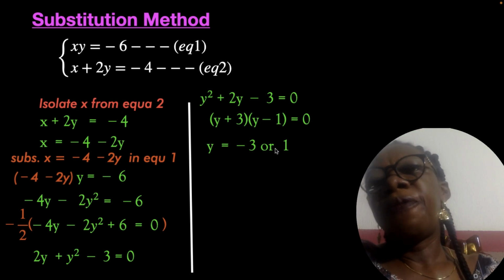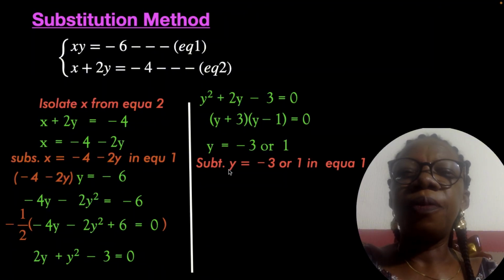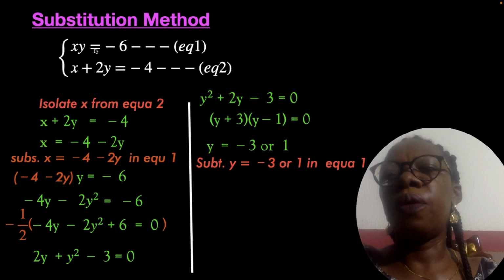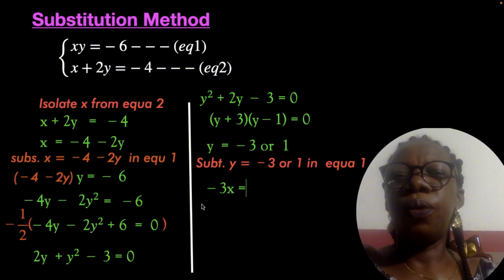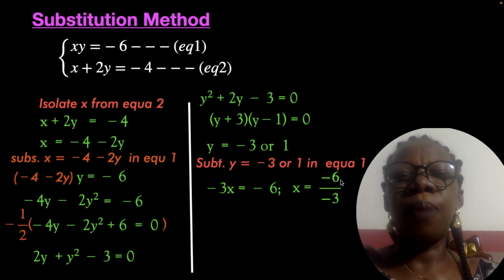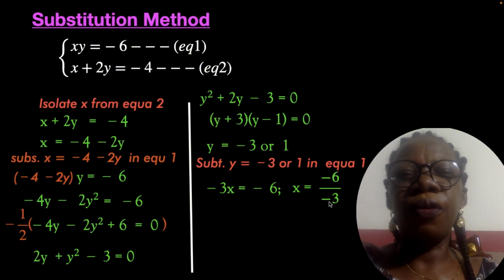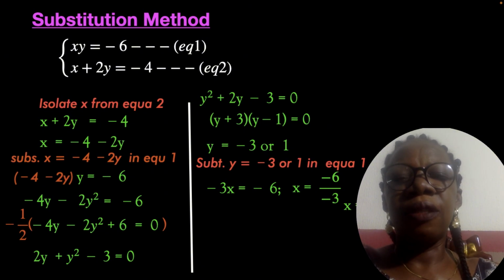In order to get the values of x, substitute y equal to minus 3 or 1 in equation 1. Right, so here we have x times y, so minus 3x, because y is minus 3, is equal to minus 6. Divide both sides by minus 3, we have x is equal to minus 6 over minus 3, which gives us that x is equal to 2, right?